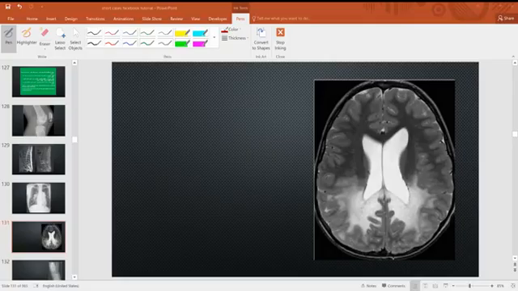Try not to write the abbreviation. Okay, adrenoleukodystrophy, this is the correct answer.